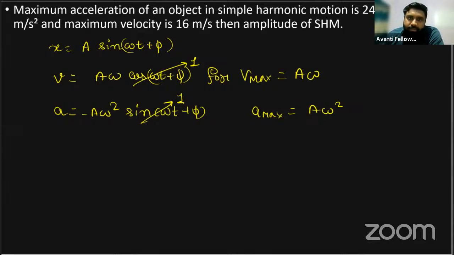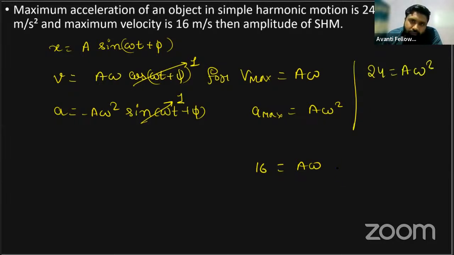Now V max is given to you as 16 equals A omega. And a max is given as 24 equals A omega square.